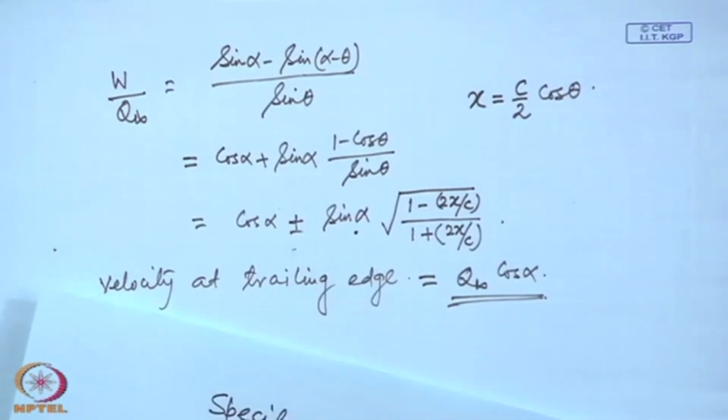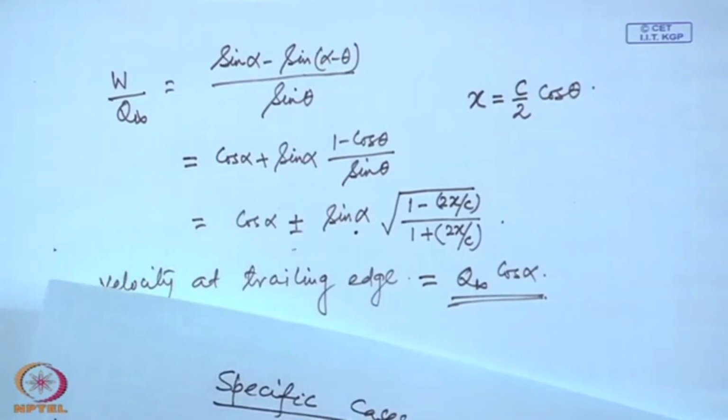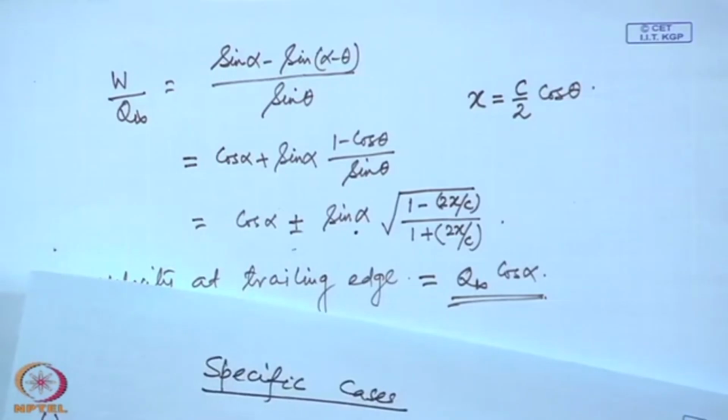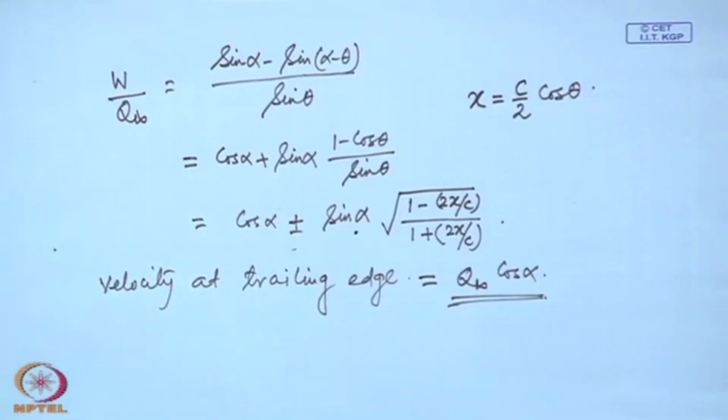If you say x equal to r, which is c by 4, r is c by 4, minus 2 r. No, how can it be?